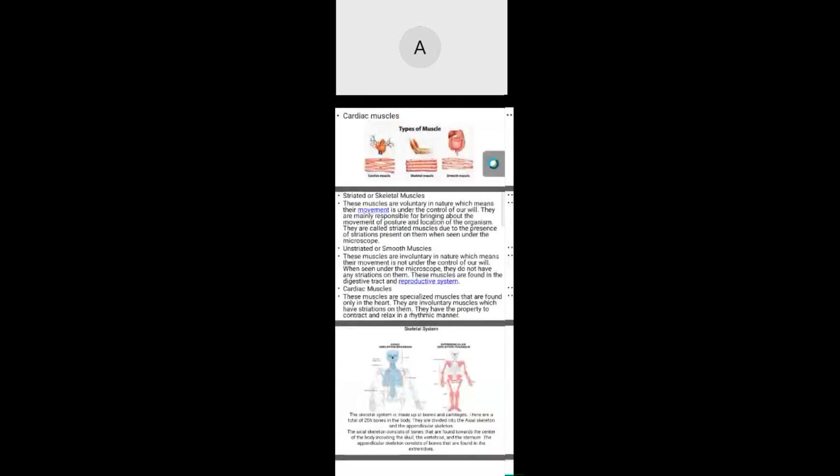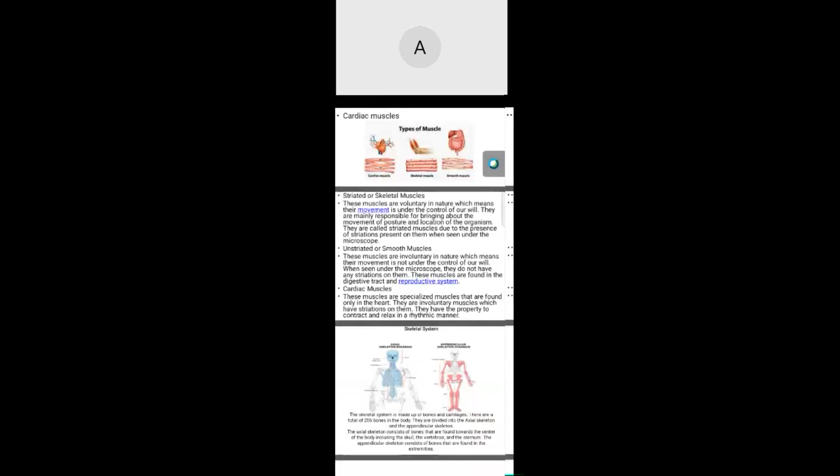The skeletal system is made up of bones and cartilage. There are a total of 206 bones in the body. They are divided into the axial skeleton and the appendicular skeleton.